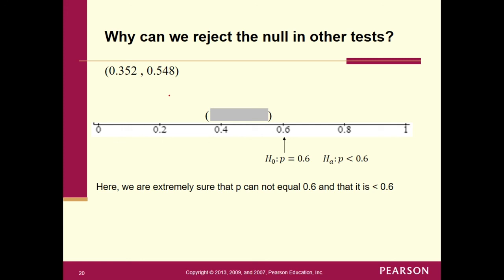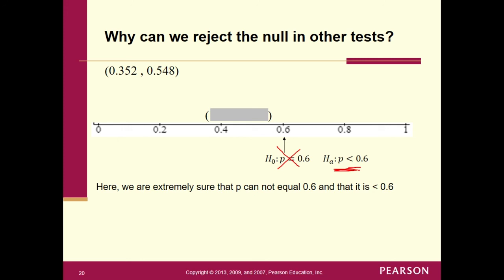We're pretty sure it can't be anyways, okay? We're not absolutely sure, but we're pretty sure that P cannot be equal to 0.6 based upon our random sample, all right? So once we eliminate it, that's telling us that the alternative is correct, or probably correct, okay? So this is why we cannot accept the null hypothesis, all right?